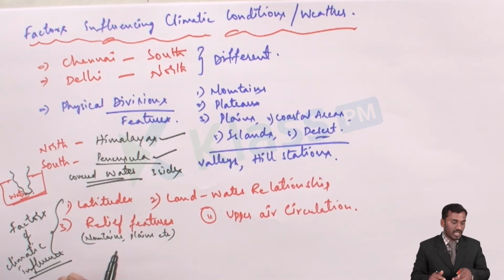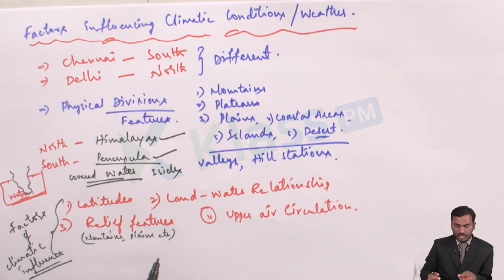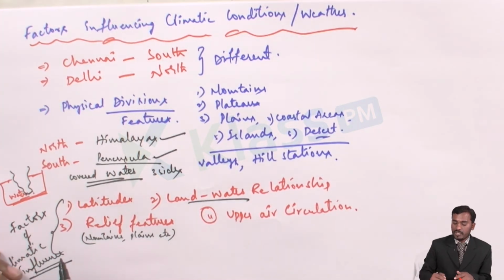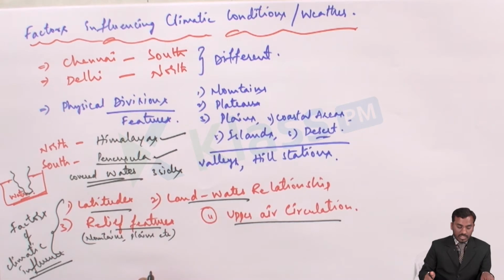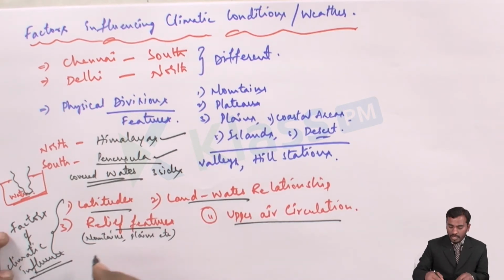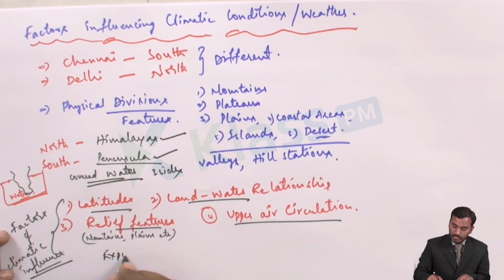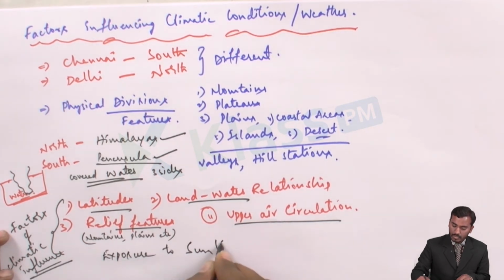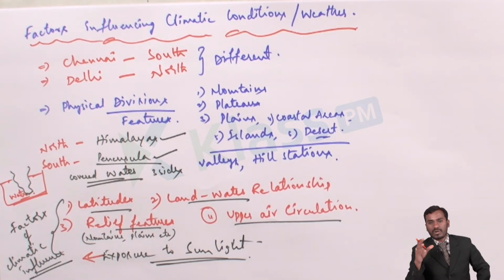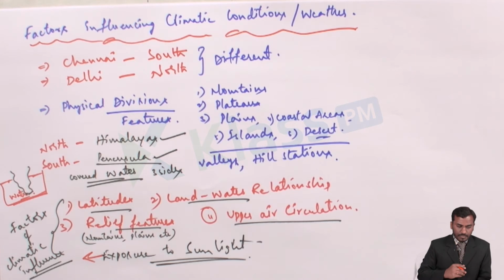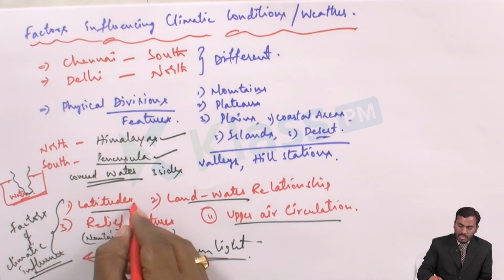Along with these, land water relationship, latitudes, relief features, and upper air circulations, even the time of exposure to sunlight is another factor which plays a role in the climatic conditions of a particular place. Now the first thing we'll be learning about is latitudes.